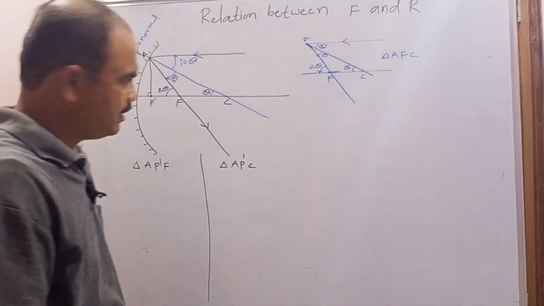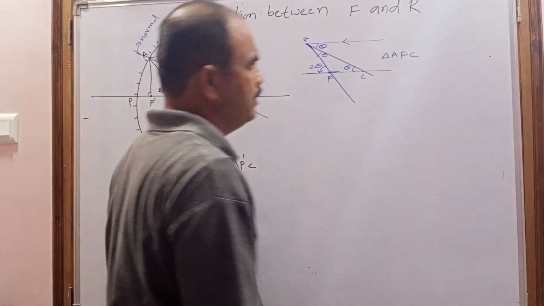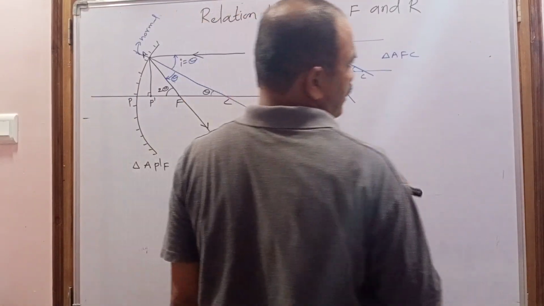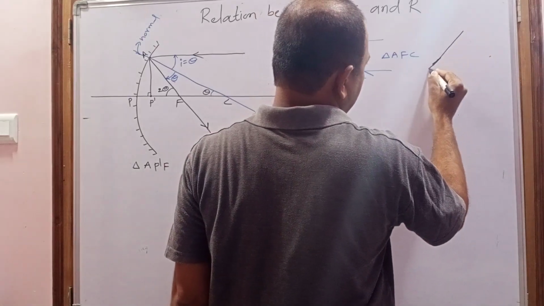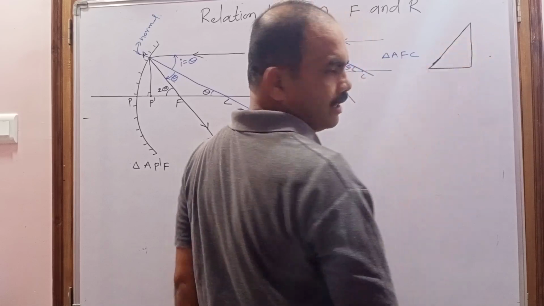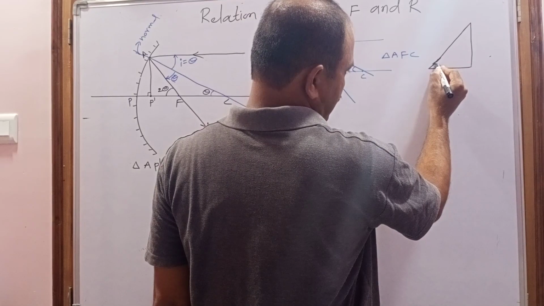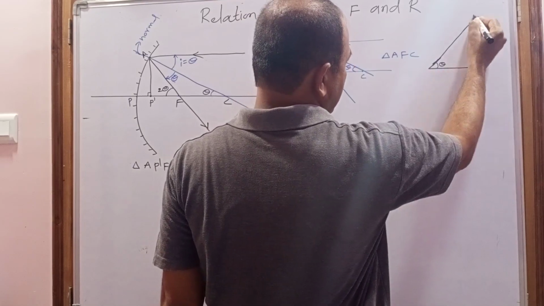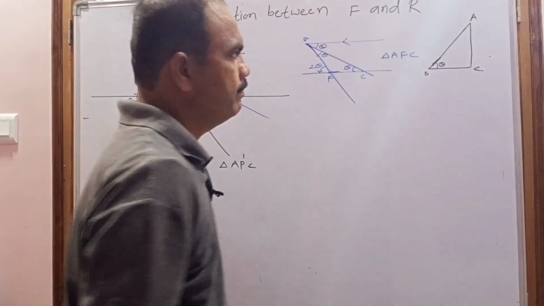Now come to some fundamentals of mathematics in trigonometry. In every right angle triangle there is a hypotenuse and two sides. For example, if I am taking angle theta here, consider this a triangle ABC.